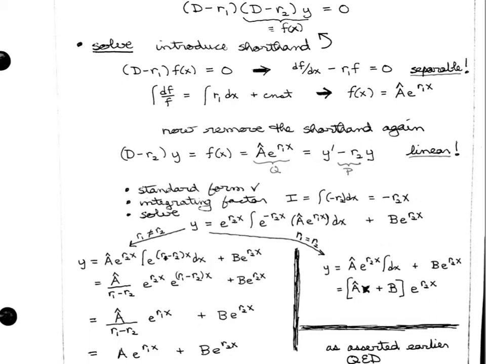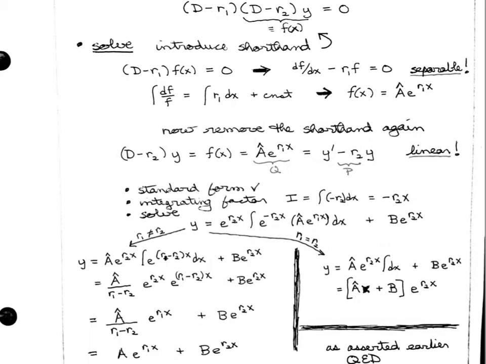But if we write that out a little bit more explicitly, we realize it's actually a separable first-order differential equation. We can put the f's on one side, we can put the x's on the other, integrate both sides, add an integration constant, and we find that f of x is an exponential with a constant coefficient that we'll call a hat.